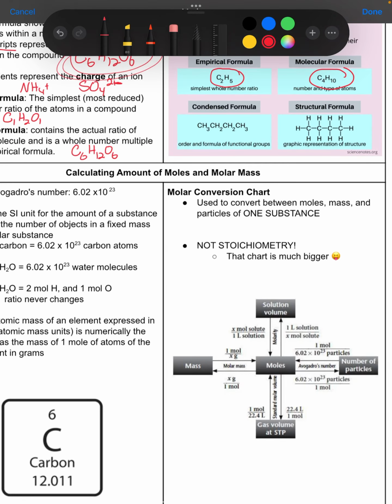Other 2 formulas you should be aware of are something called a condensed formula and a structural formula. So structural formulas are just written out so that you can see the structure, right? Anytime in regular chemistry when I asked you to draw a Lewis structure, that was a structural formula. A condensed formula is something that we hadn't really dealt with very much in regular chemistry.